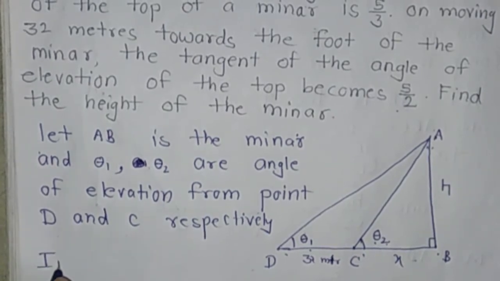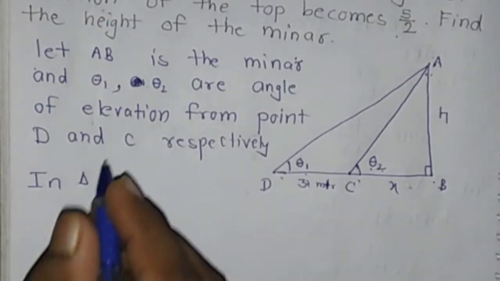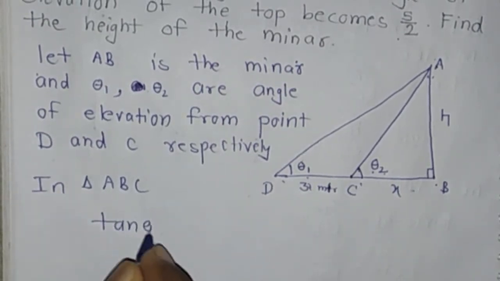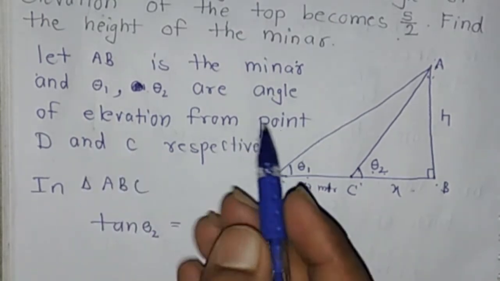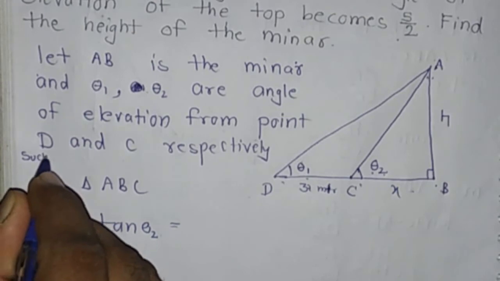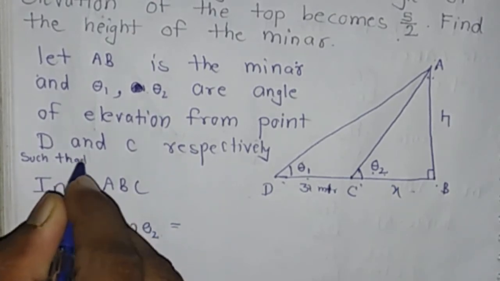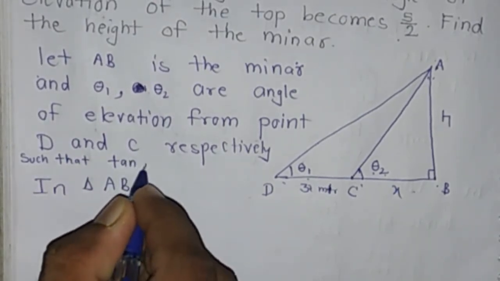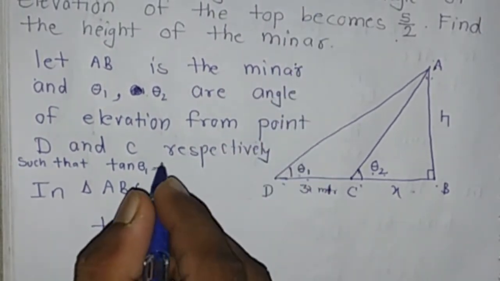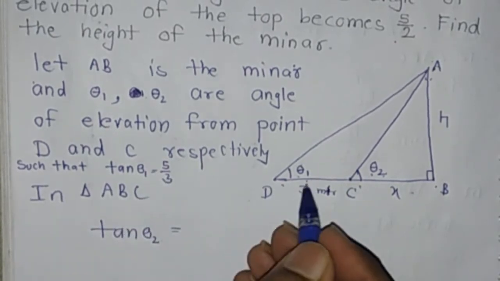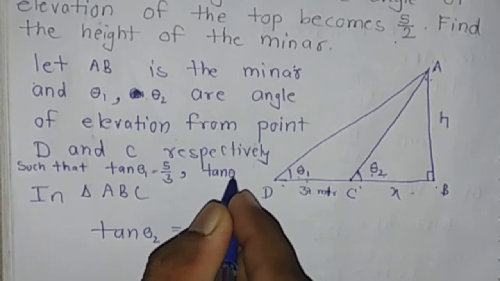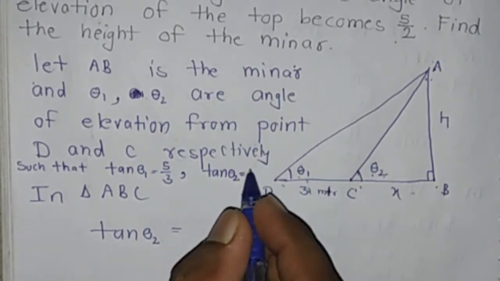Now, tan theta 1 is 5/3. The tangent of this angle is 5/3, and the tangent of the other angle, tan theta 2, is 5/2.